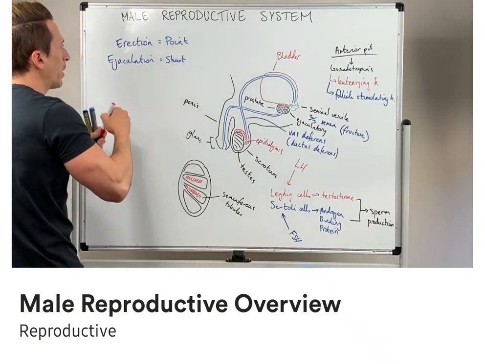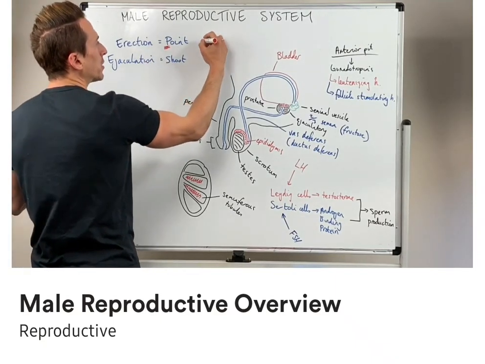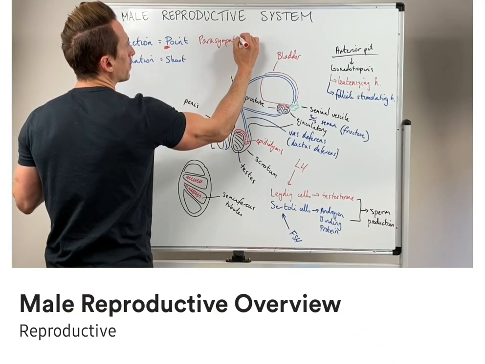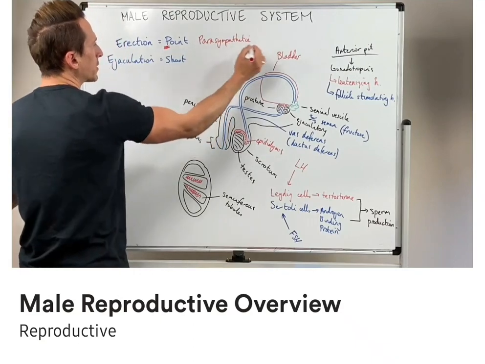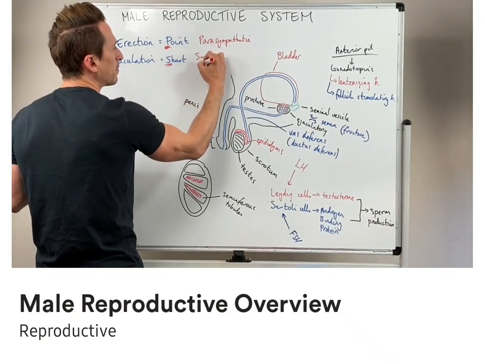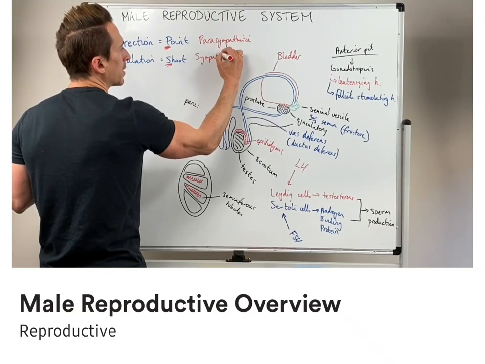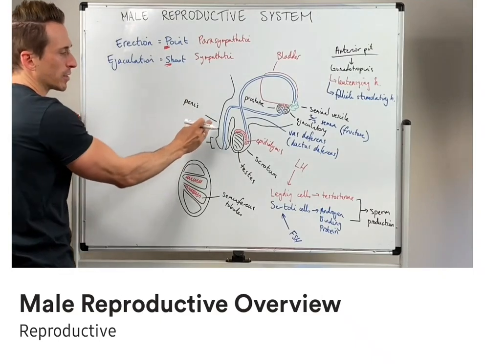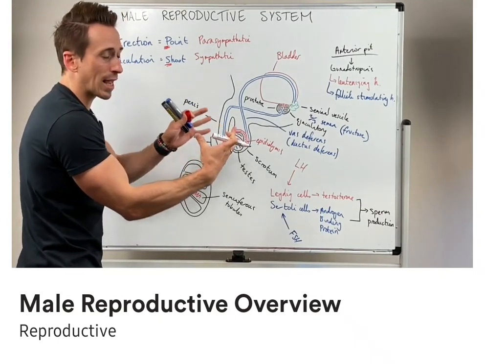Why? Because the P for erection is going to be parasympathetic nervous system. The parasympathetic nervous system is responsible for erection, and the S is sympathetic nervous system. That is responsible for ejaculation. The parasympathetic nervous system will tell the blood vessels to dilate.